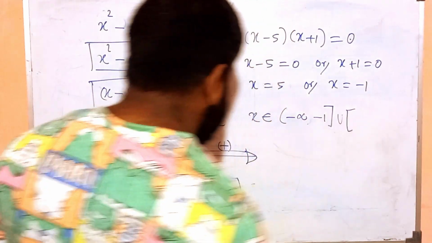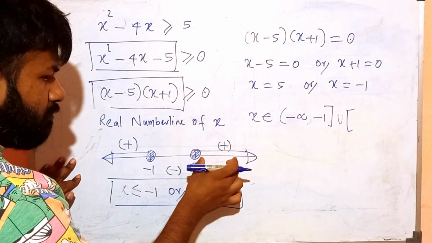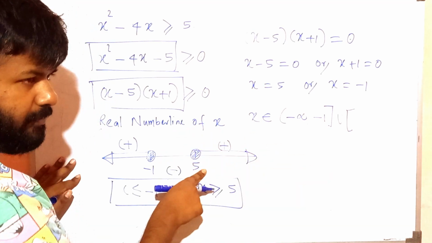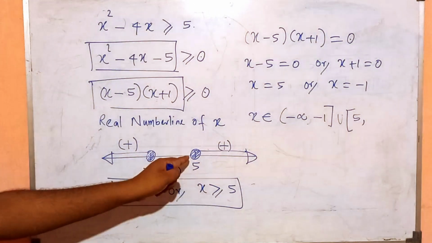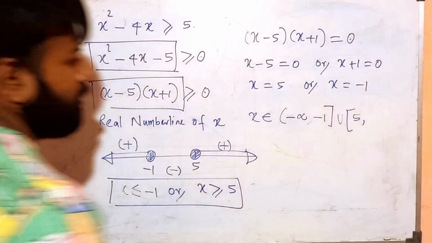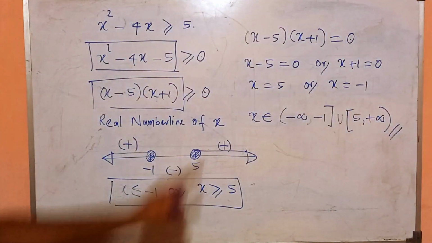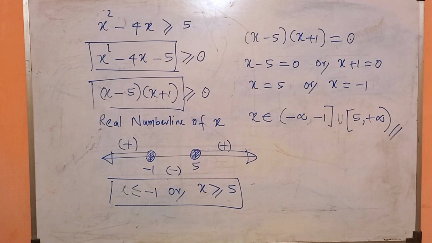Union this set, which consists of all real numbers greater than or equal to 5, so x can take 5, from 5 to positive infinity. So this is the solution. You can write it like this or like this. Hope you understand this one.